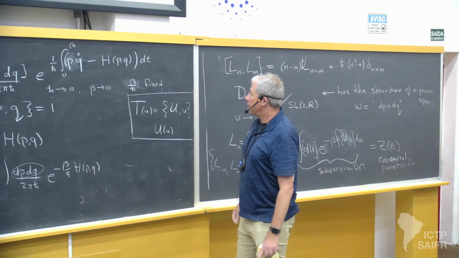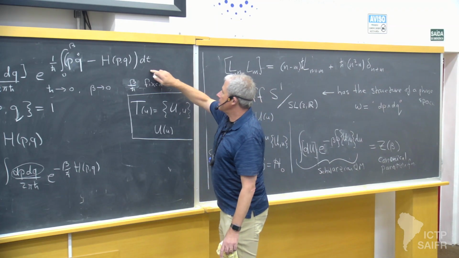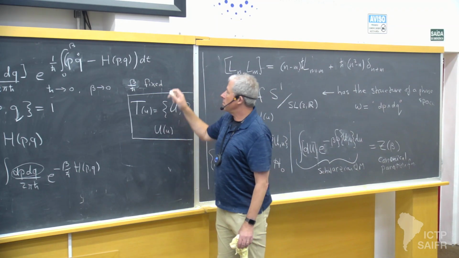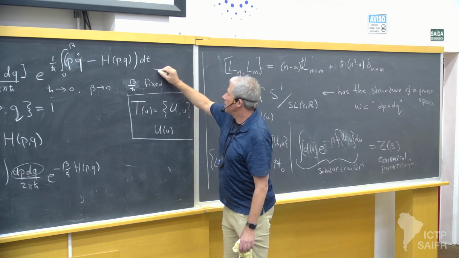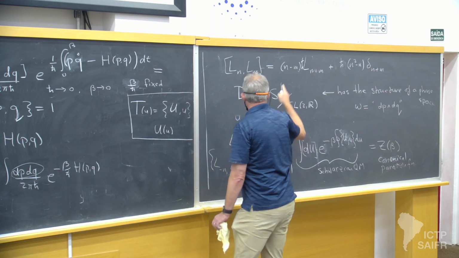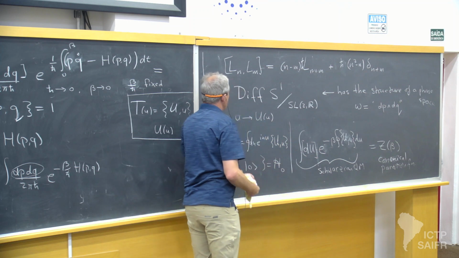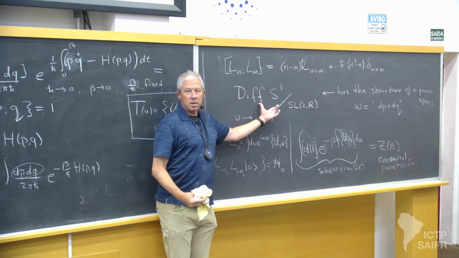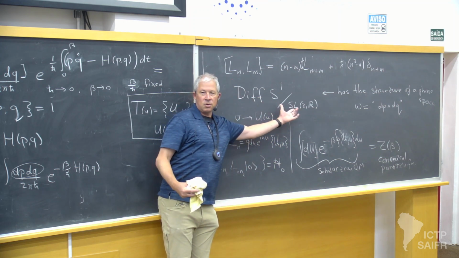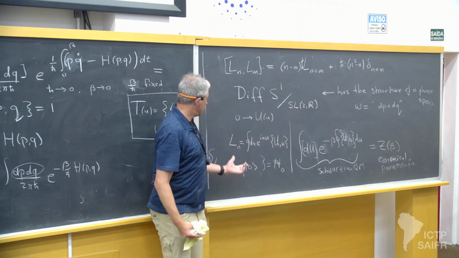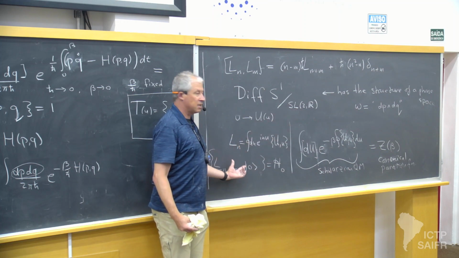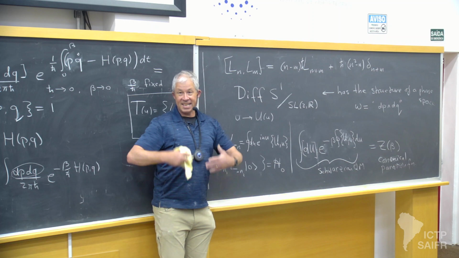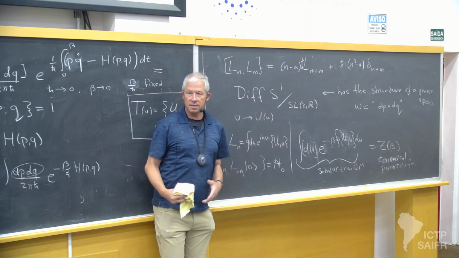Then I claim that this thing would have been obtained by using this abstract nonsense to say, what did I do? I quantized diff S1 on this coadjoint orbit. I did it in such a way that I generated the Virasoro algebra, and I take the trace over the Hilbert space.